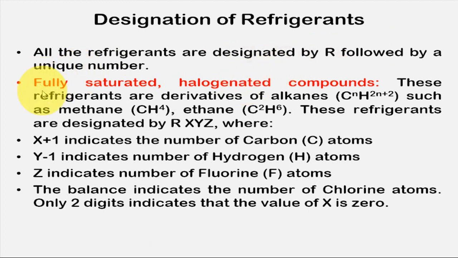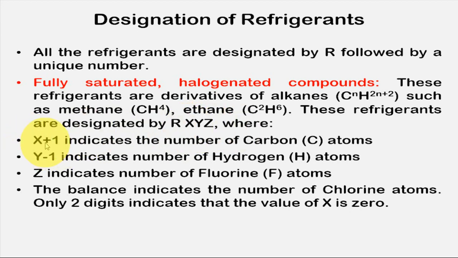Let's first focus on the designation of saturated and halogenated compounds. These are the refrigerants which are derivatives of alkanes. These refrigerants are designated by the letter R, then some numbers XYZ.